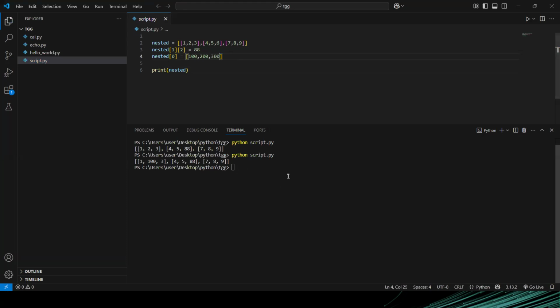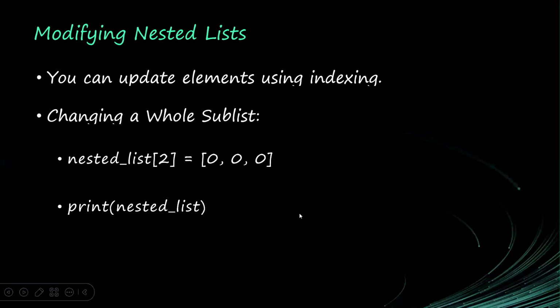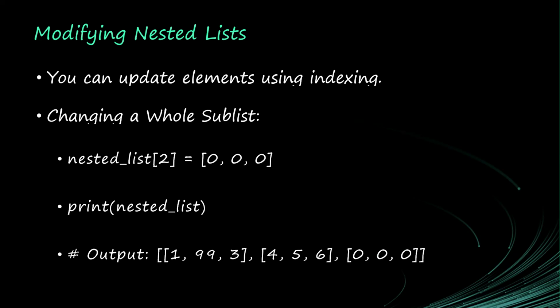If I run this code now, you can see this one which we targeted has been modified. So it's basically accessing them using indexing, modifying them using indexing. Whatever you want to target, use the indexing to target it, and then just make the changes.